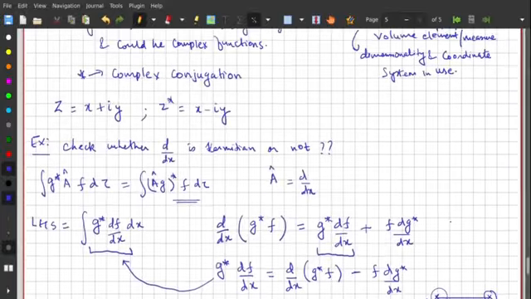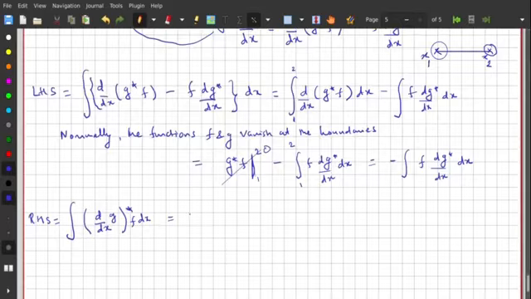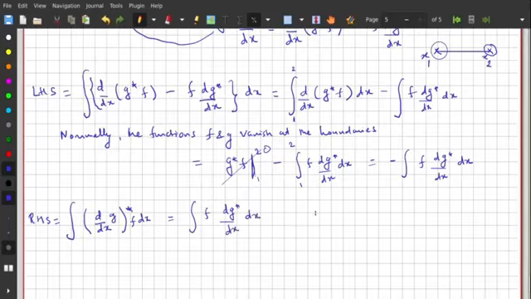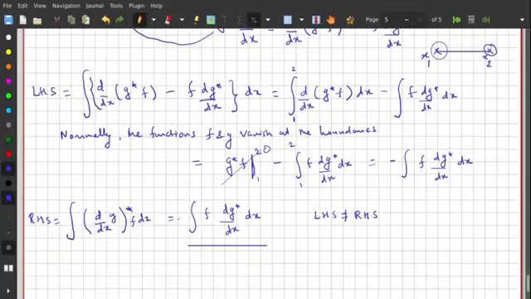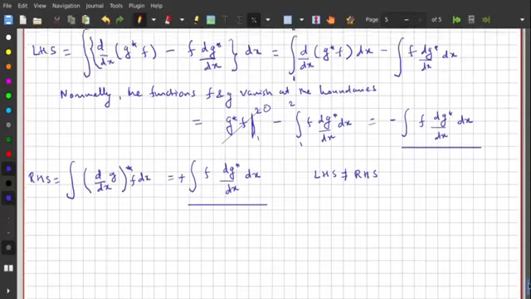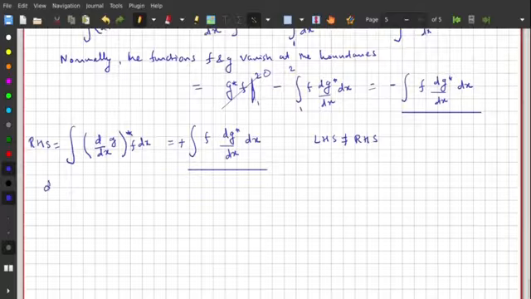So this becomes integral f dg star dx, and you see LHS is not equal to RHS, because the right hand side has a positive sign and the left hand side is negative. The underlying term is the same, but there is a difference in sign. Hence the first derivative operator ddx is not a Hermitian operator.